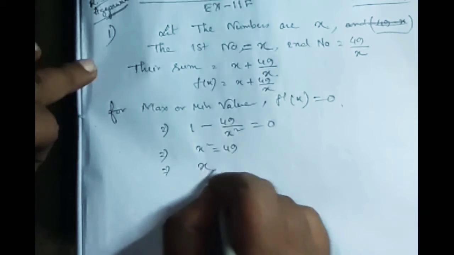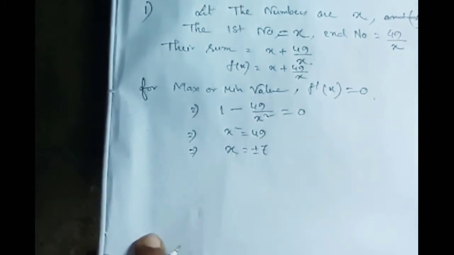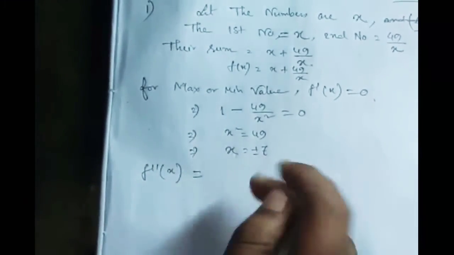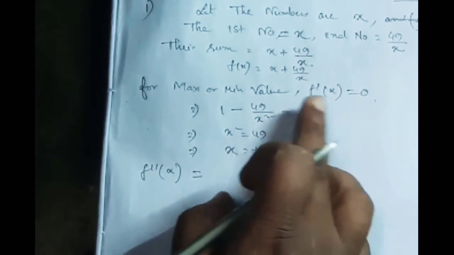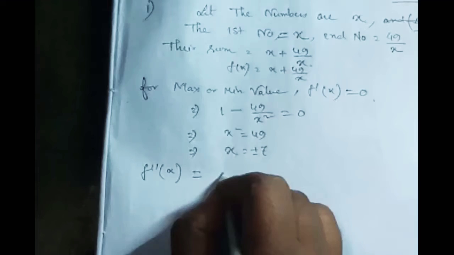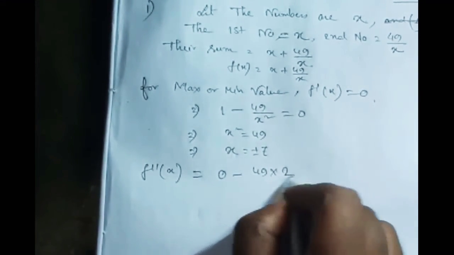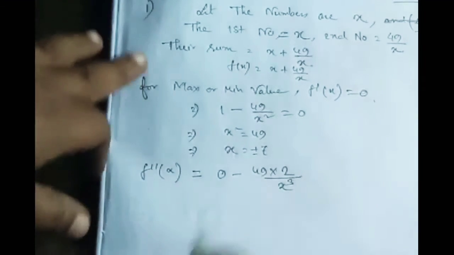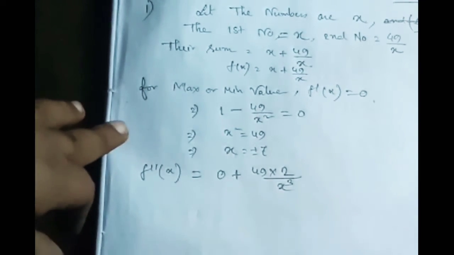So from here x equal to plus minus 7. Now f double dash x equals 0 minus 49 into 2 by x cube. This will be minus 2, so this should be positive.